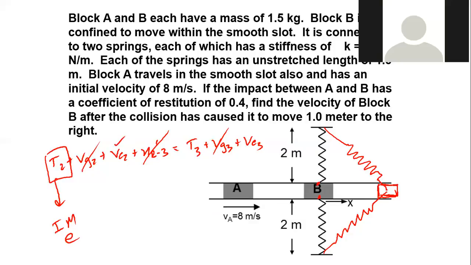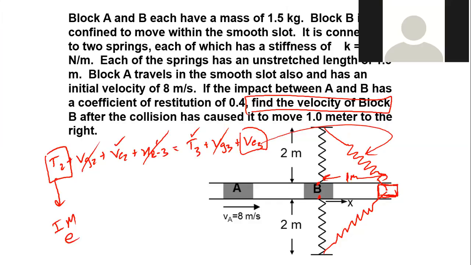VE2 is there because it is stretched out a little bit to begin with, right? Then T3 is what I don't know. That's what I'm trying to find, right? I'm trying to find the velocity of block B after it's moved 1 meter, and then VE3 is going to have a value too, because that's going to be my new stretch value. Since I know that it's 1 meter, I have a nice little triangle there that I can work through to get the stretch length.